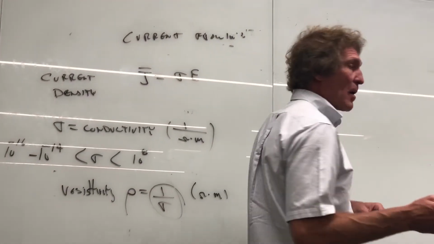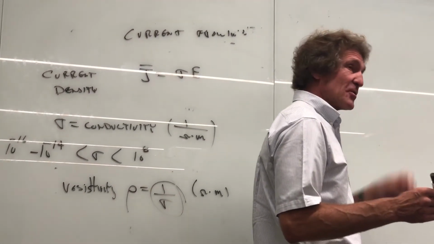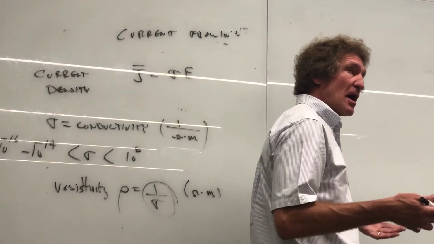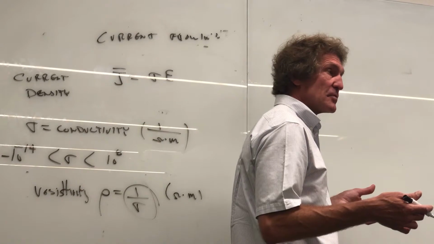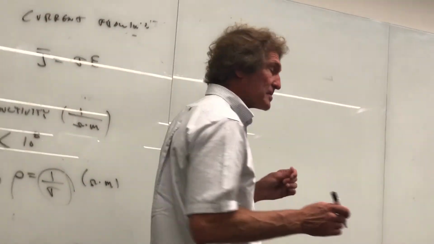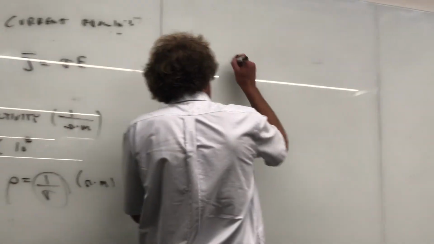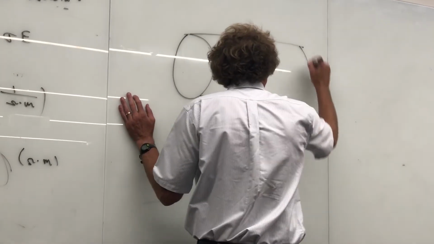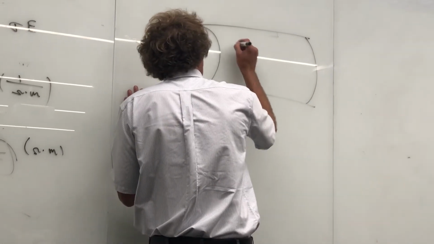So how is this important? I start out showing you how the value of conductivity in objects allows you to calculate the resistance between surfaces of that object. And I start out with a classic. I'm going to take a cylinder and fill it with a material. The material is going to have a conductivity sigma.